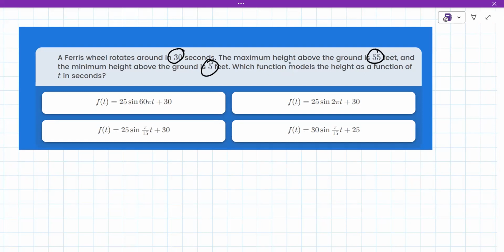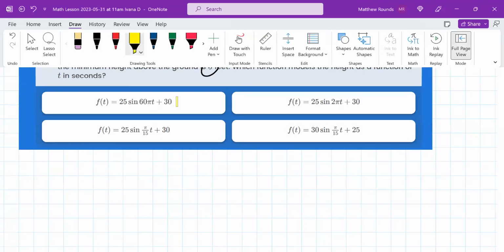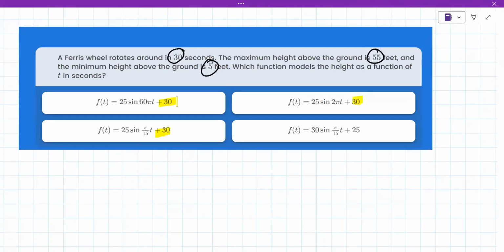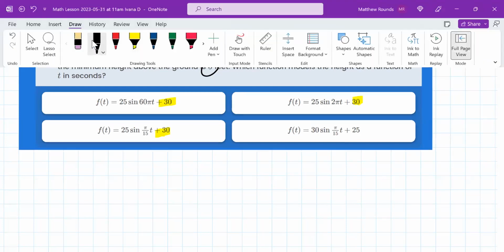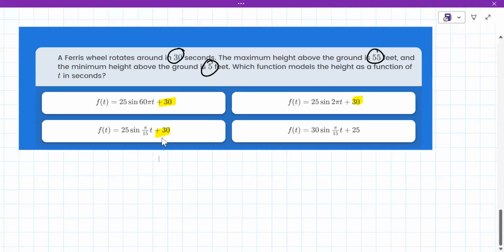Here's a test taking strategy to consider: 3 of the 4 have the same number there. If you're going to guess, you look for things like that to help decide.